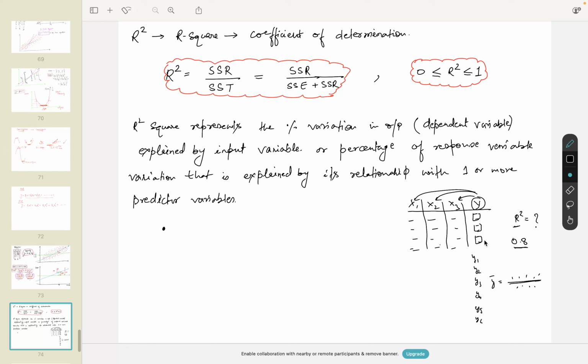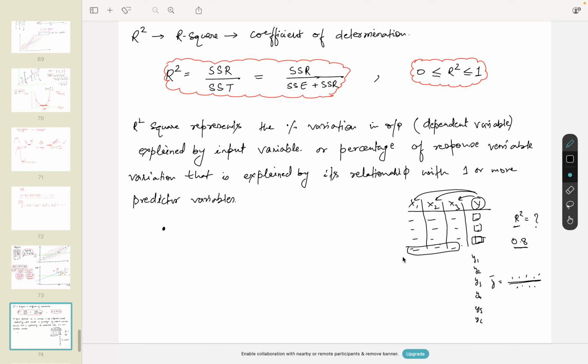If you are basically providing a relationship between these x values and the y, you're basically finding the pattern. So what do you think? Whatever the value of x you are giving for the training part, this should have a relationship with this y or not? It should have. Means if it has the relationship, then it is able to explain the y value. If we are providing this one, then it is able to explain this y value, yes or no?